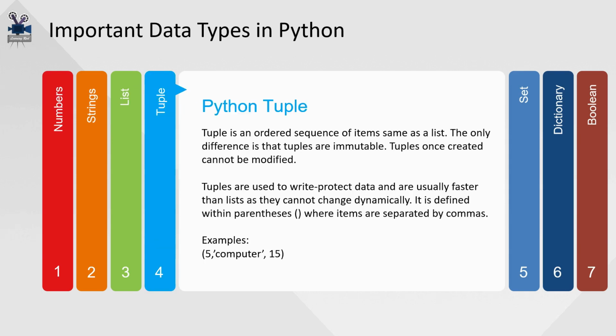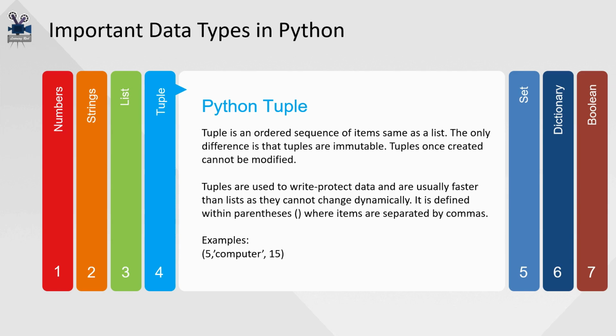Now next on the list is Python tuple. I prefer to use tuple. This is an ordered sequence of items, same as list. The only difference is that tuples are immutable. Tuples, once created, cannot be changed. That's the meaning of immutable, right?